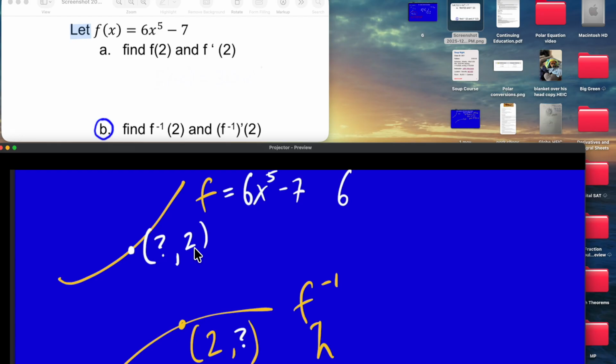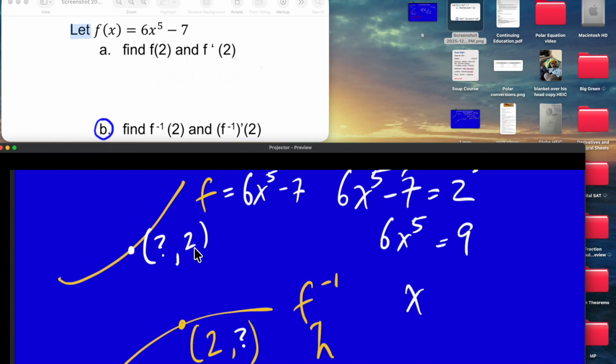So let's do that. 6x to the 5th minus 7 equals 2. 6x to the 5th equals 2 plus 7, which is 9. X to the 5th equals 9 over 6. X to the 5th equals 3 over 2.